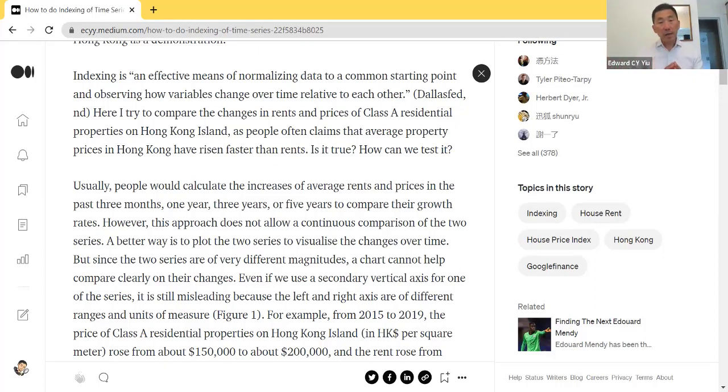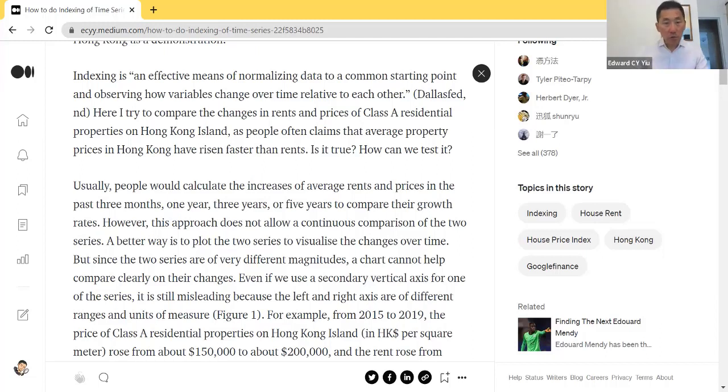Comparing rent and price of housing in Hong Kong in particular, because the Rating and Valuation Department provides the average rent and price, I use Class A residential properties on Hong Kong Island to compare their rate of change in rents and prices over the past 5 years.